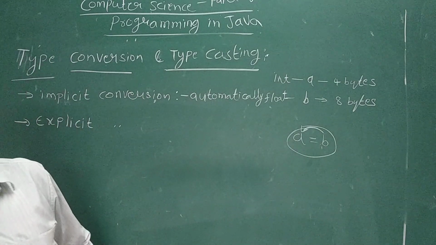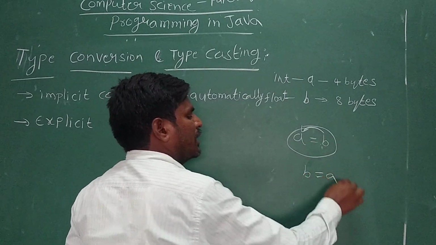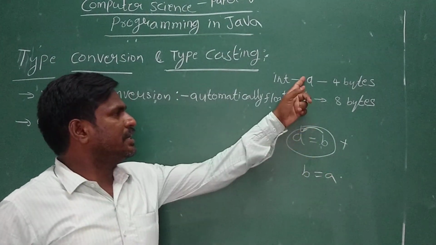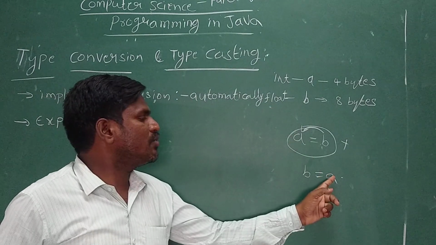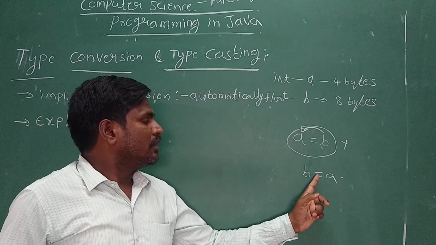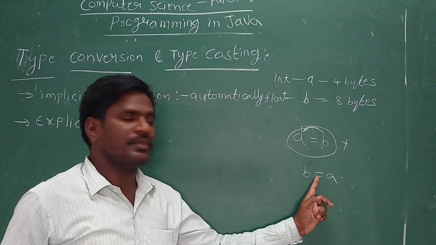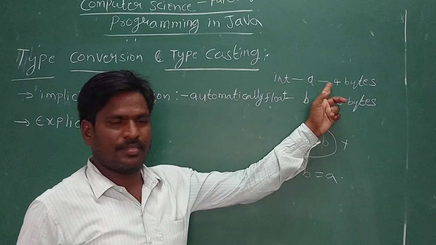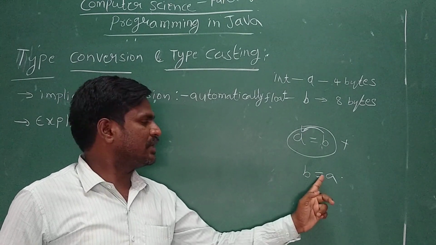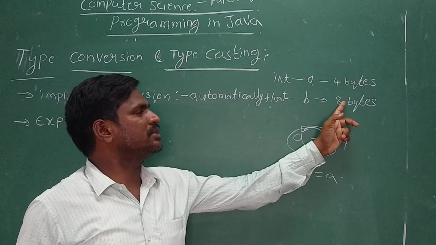Now assume I am assigning B is equal to A. Here also A is the integer data type, B is the float data type, and we are converting one data type into another. But here, the right side variable of the assignment operator is the lower size, and the left side variable, B, the float data type, is the higher size.